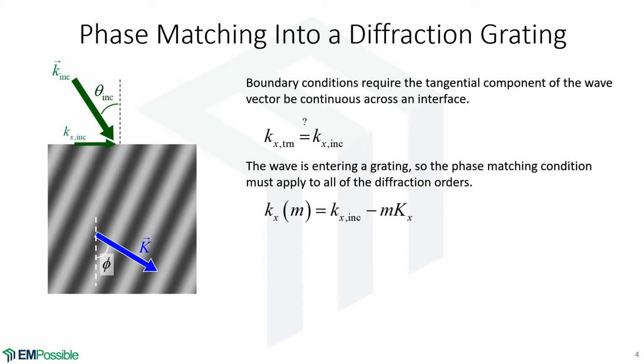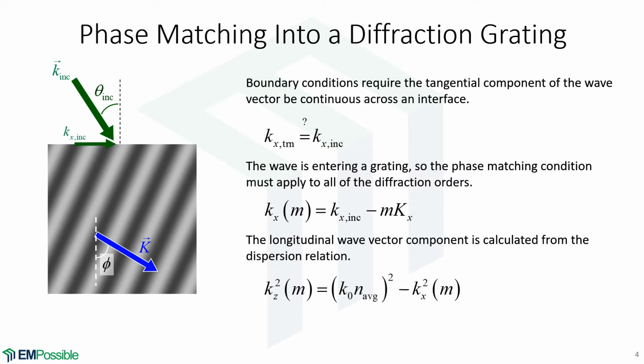And so we can calculate the tangential component inside the diffraction grating this way. So that's what this means. And so each value of m has a different x component of the wave vector. And assuming we have lossless media, this is always a real quantity. This never becomes imaginary.